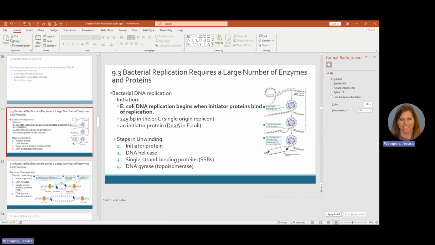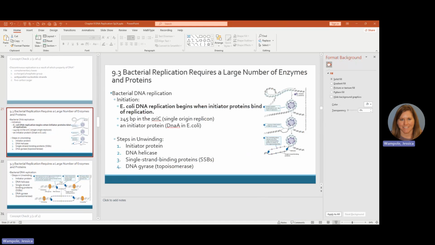All right. So DNA replication is going to start with what we call initiation, followed by a process of elongating the DNA strands. The first thing we need are initiation proteins.